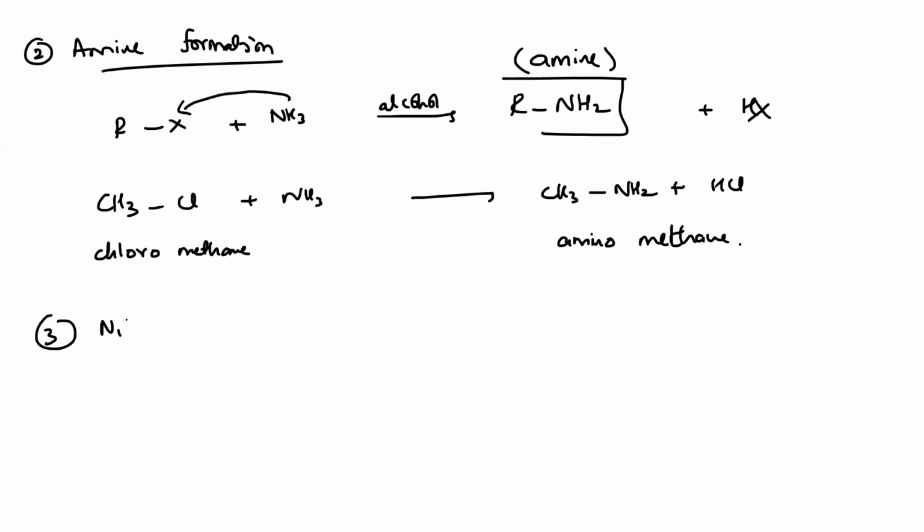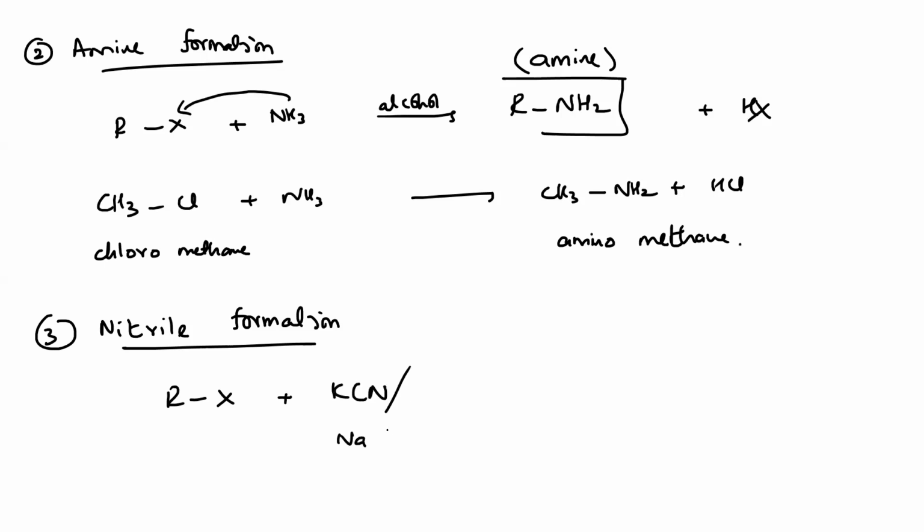That's nitrile formation then. So what's a nitrile group? It's a CN group. If we have an alkyl halide, we react it with either potassium cyanide or sodium cyanide in alcohol. So what happens is we can have RCN with KX or NaX.